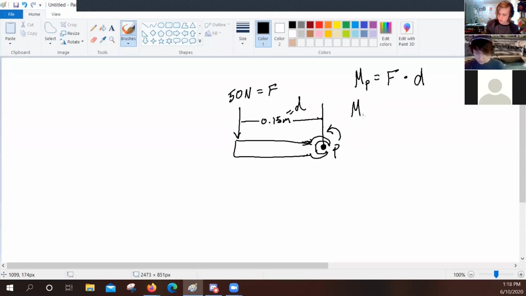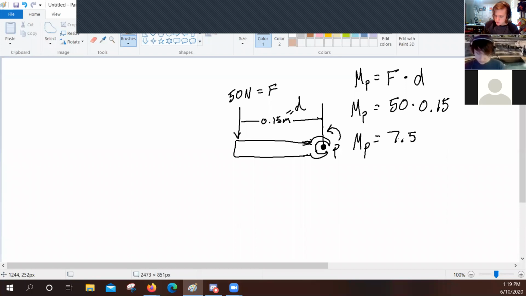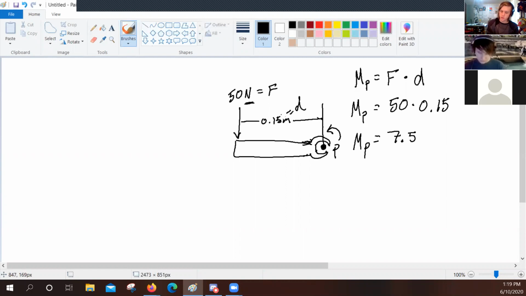So MP equals 50 times 0.15, which equals some number, which I'm just going to plug into a calculator. 7.5. And because I want to start using units, because they're going to be useful later, we know the force is in newtons and the distance is in meters. So this is in newton meters. We just write newton times meters, and this is our answer.